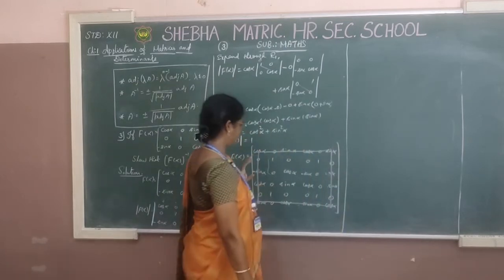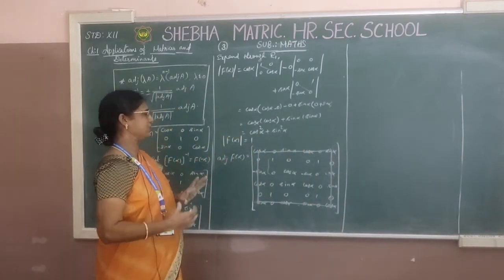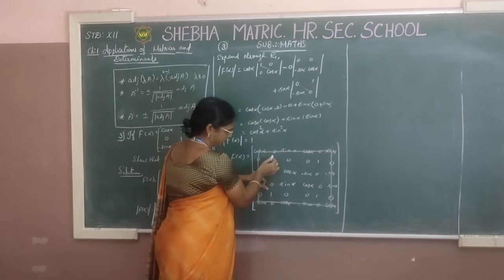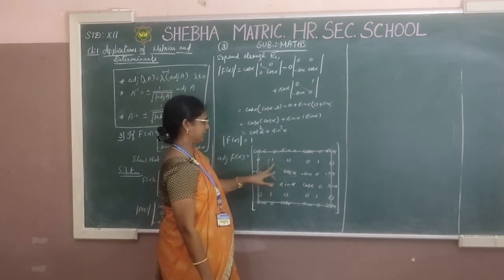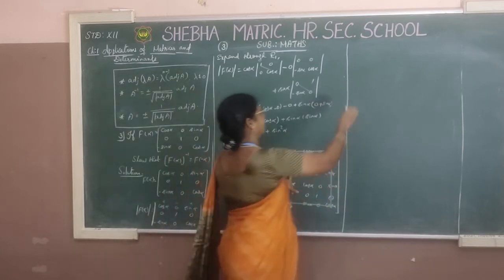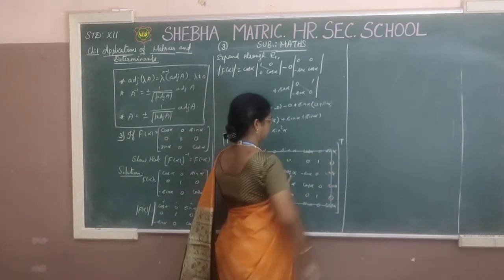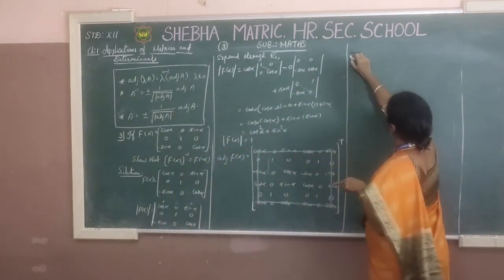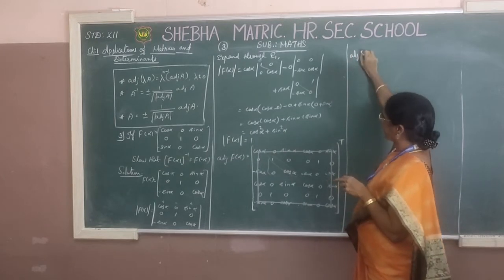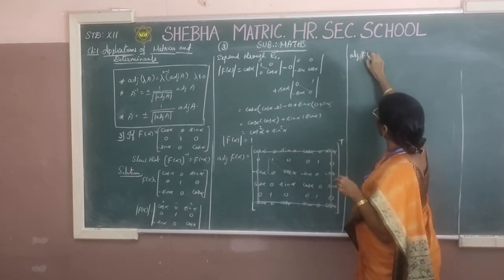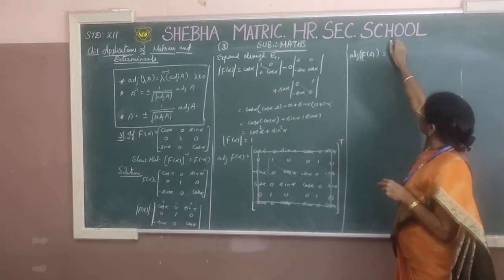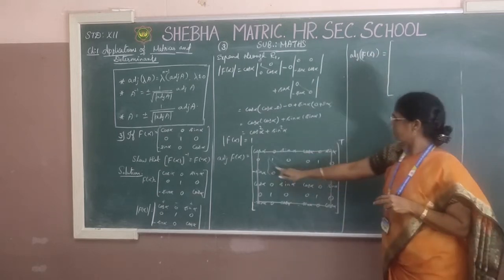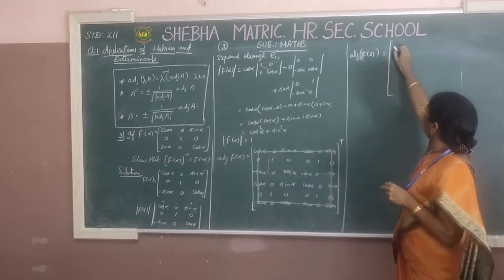As usual, how to expand the second order minor? First, multiply the diagonals, main diagonal elements, 1 into cos alpha. So, transpose will come. So, the adjoint of f of alpha is equal to, write in the matrix form, first multiply 1 into cos alpha, what we get?